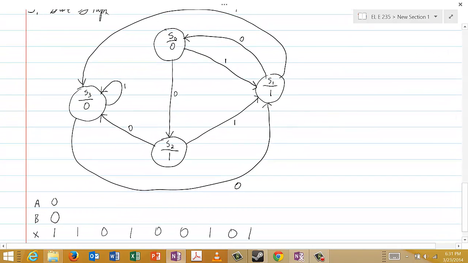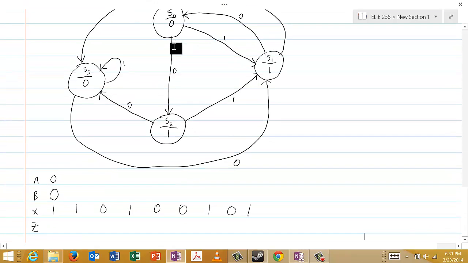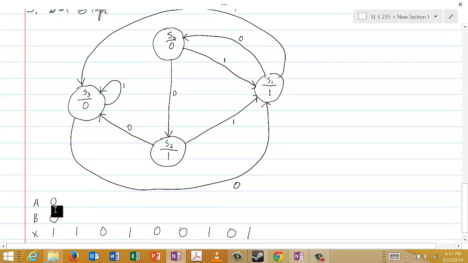First of all, A equal to 0 and B equal to 0 is the S0 state. And if we look up at our picture here, in the S0 state, the output is always 0. So our first output will be 0. Now, if we're in that S0 state and X is equal to 1, where do we go?